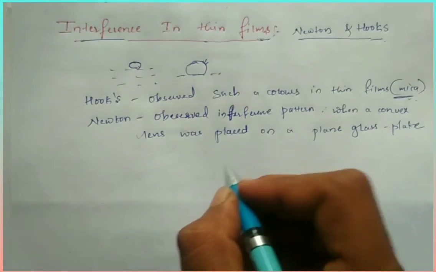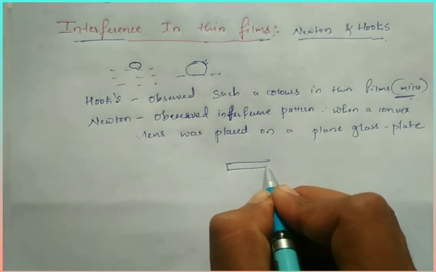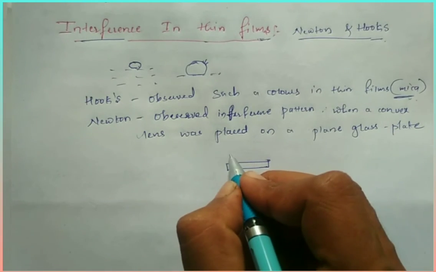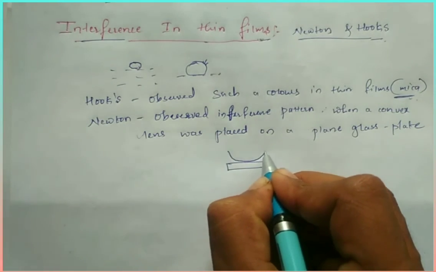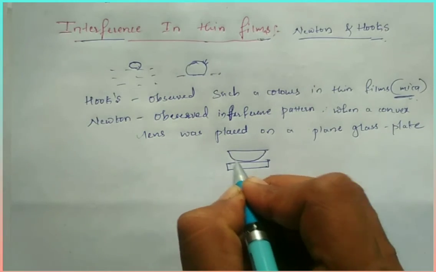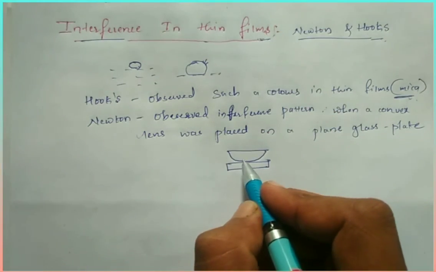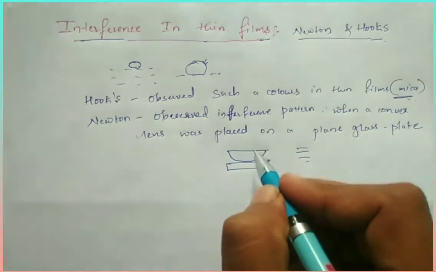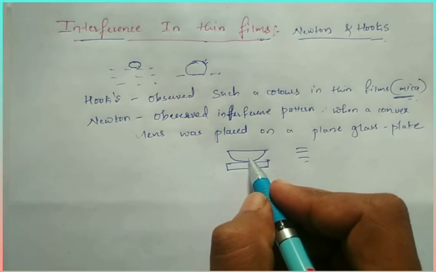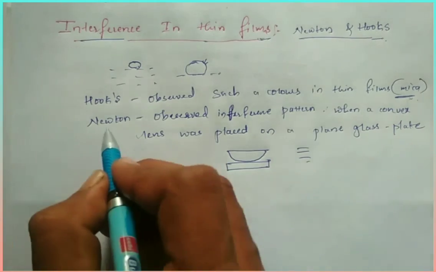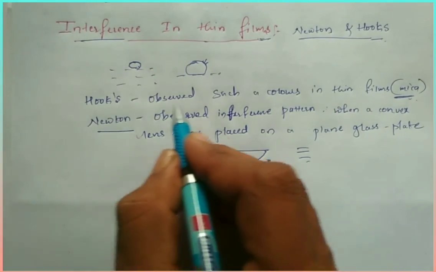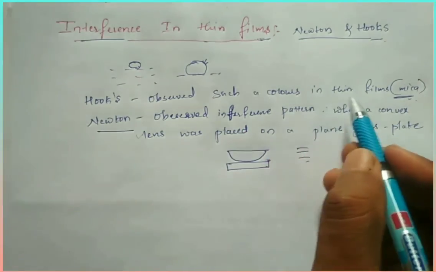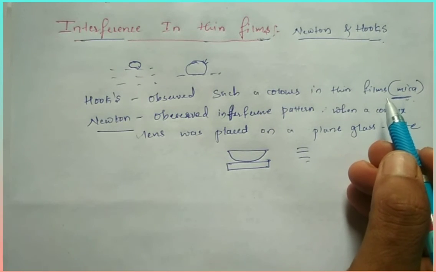Newton took one thin glass plate and kept a plano-convex lens on this glass plate. At that time he observed the interference pattern of bright and dark fringes, using a telescope. This was done by Newton, and Hooke observed different colors directly in thin films like mica glass.